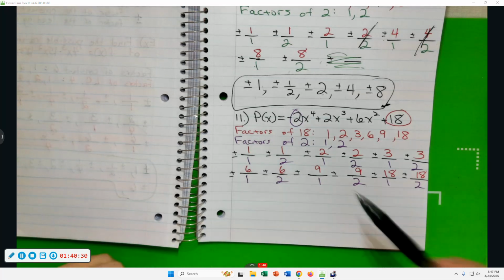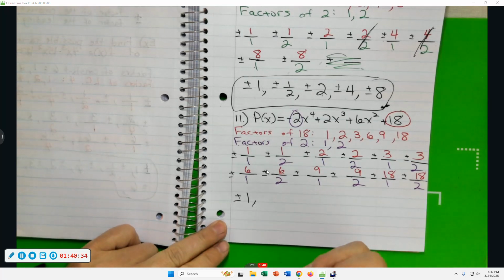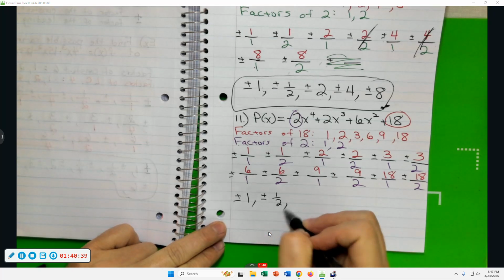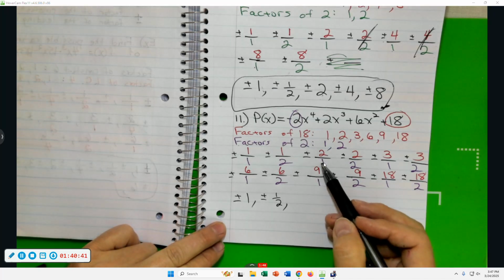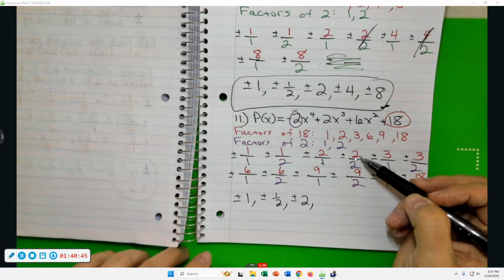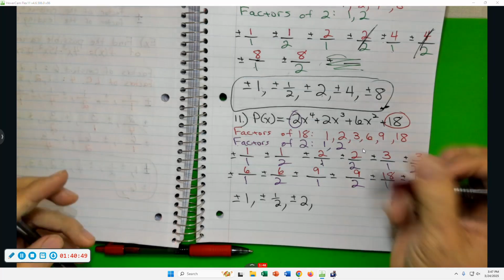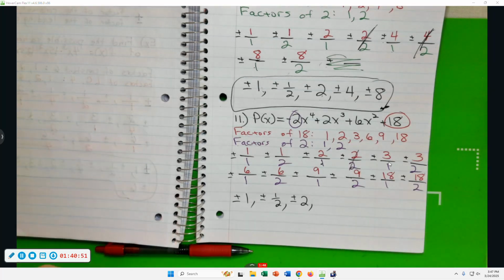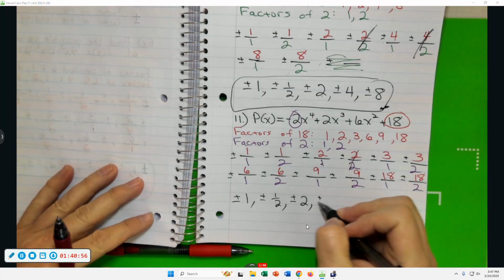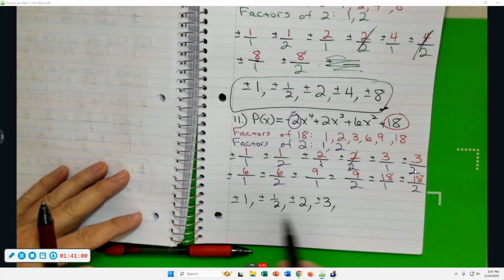1 divided by 1 gives me 1, so I have plus minus 1. And 1 over 2, that's 1/2. 2 over 1, that's just a 2. What about 2 over 2? That's a 1, we already have it, so we don't need to write it again. 3 over 1, we don't already have that, that's a 3. 3 over 2, do we already have it listed?